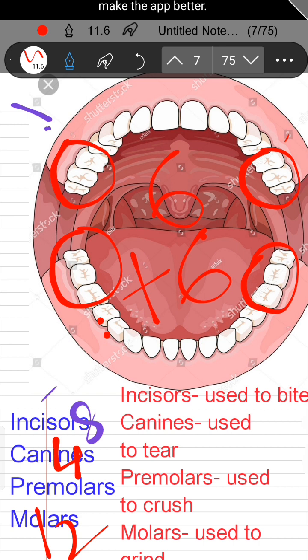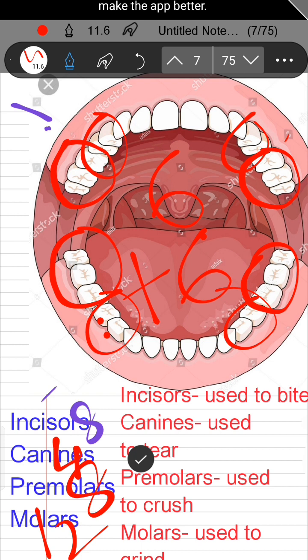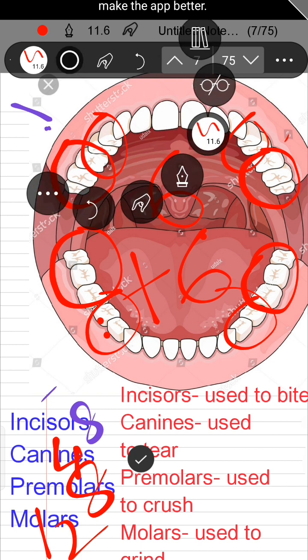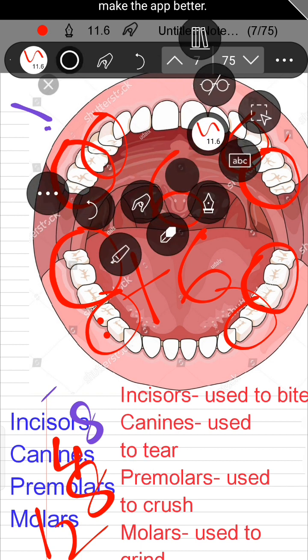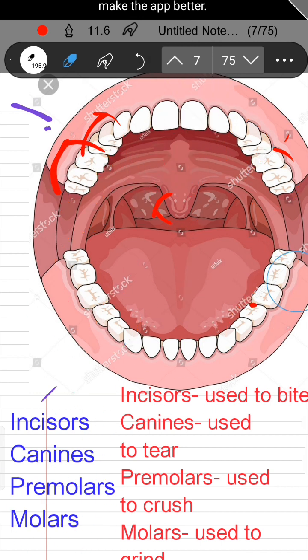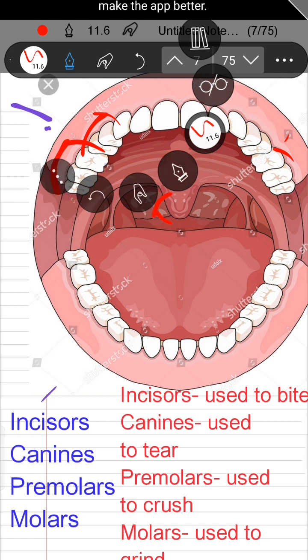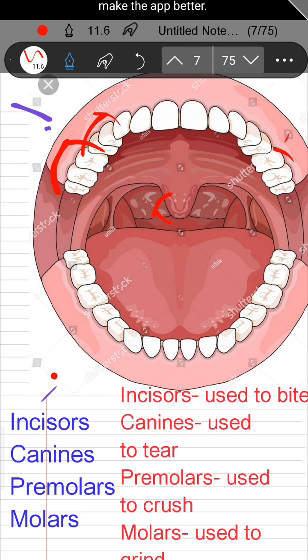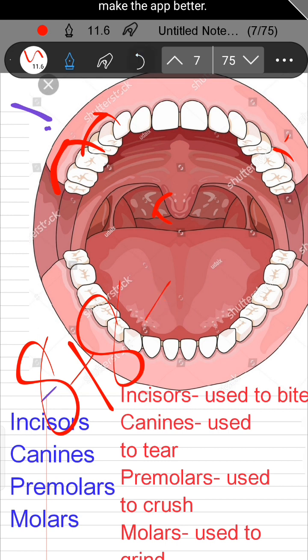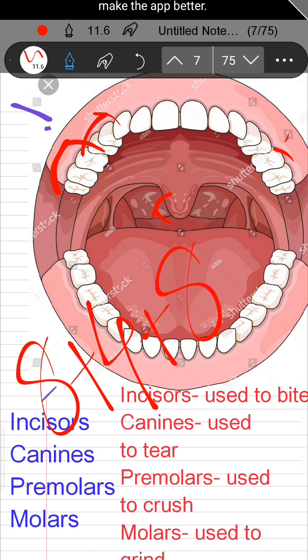And premolars, as we have seen, 2 plus 2 plus 2 plus 2, 8 premolars. So let's calculate how many teeth are present in our entire mouth. When the permanent teeth appear, the total number is 8 plus 8 plus 4 canines plus 8 premolars plus 12 molars.